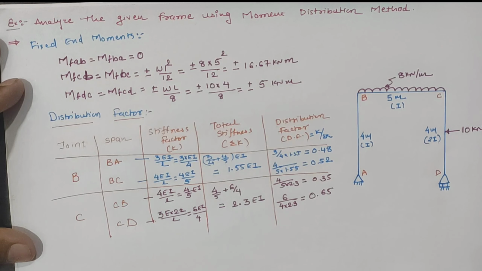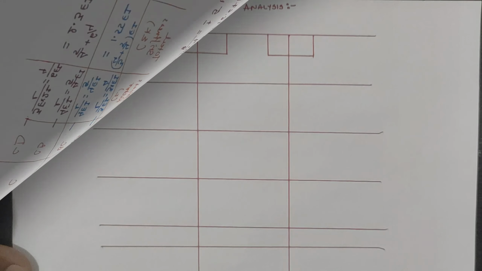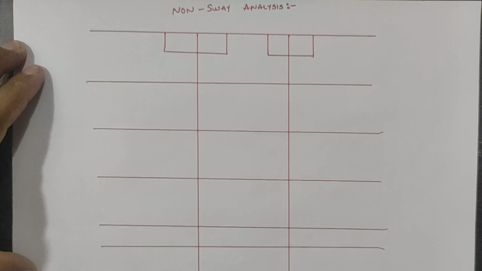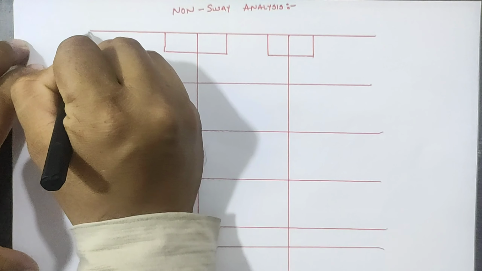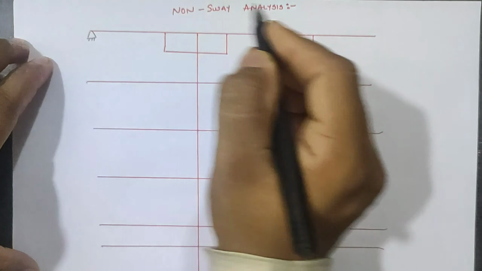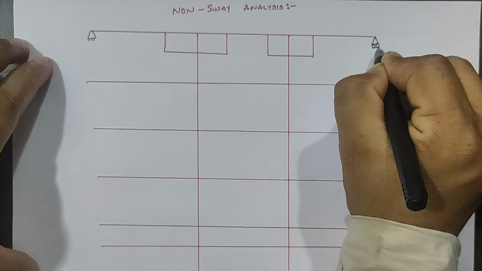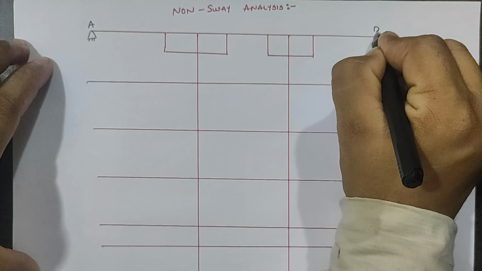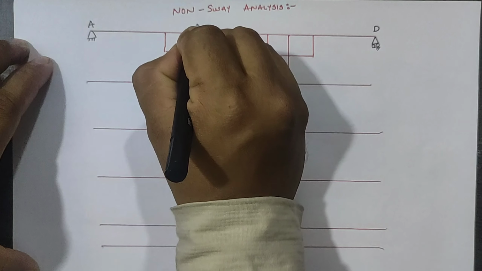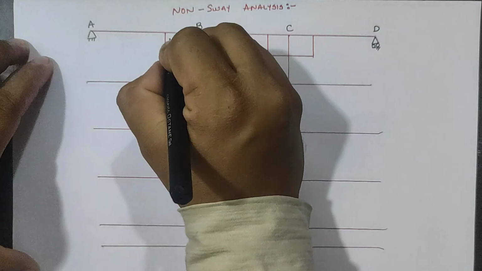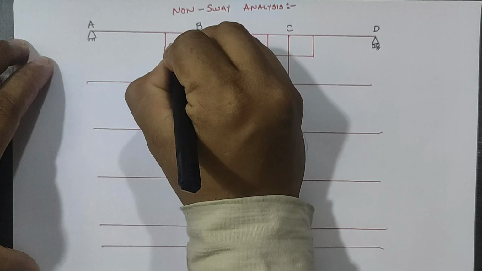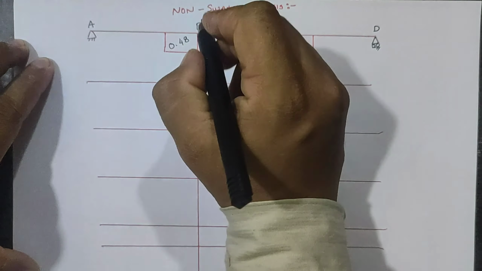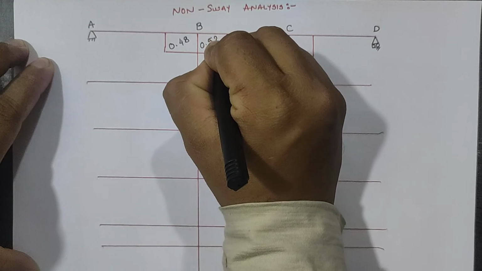So we have to perform the non-sway analysis first. As the next step, first of all we have to provide the supports at the ends as given: at support A the given support is a hinge, and at support D the support is given as a roller. At joints B and C we have to put the distribution factors: 0.48 in the BA span, and for the BC span our calculated distribution factor is 0.52.